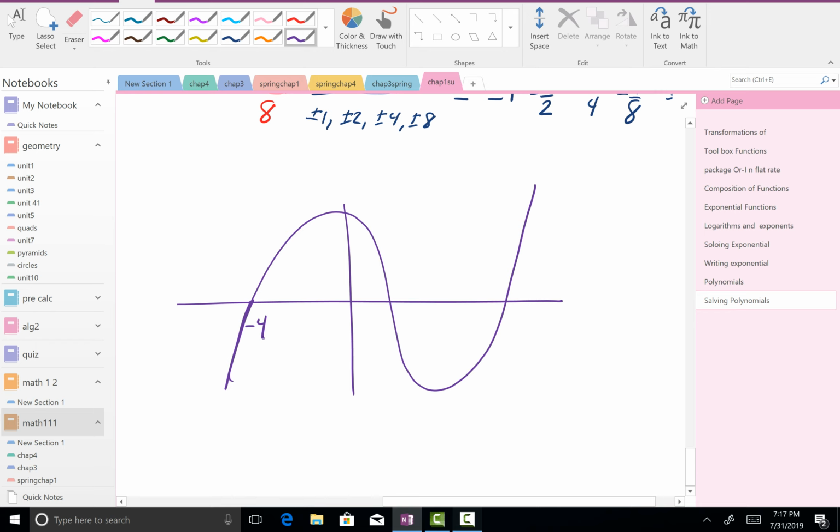Let's say that x-intercept is -4. I don't know what this polynomial is, but if I put -5 in there, I get a negative, which I will, because -5 is down here, and then I put -3 in there, and I get a positive.